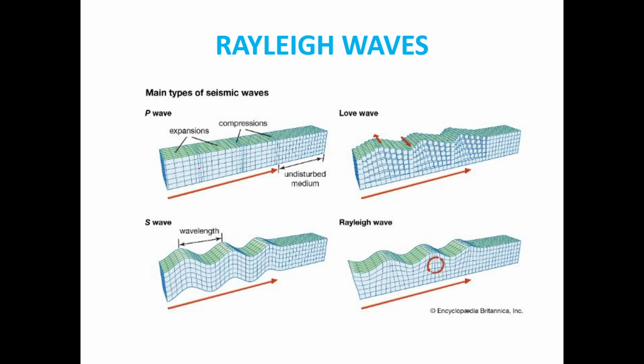So here you can see the P waves: compression, dilation, compression, dilation. S waves, they are going up, down, up, down like this. But Love waves, they are moving the ground horizontally like that.